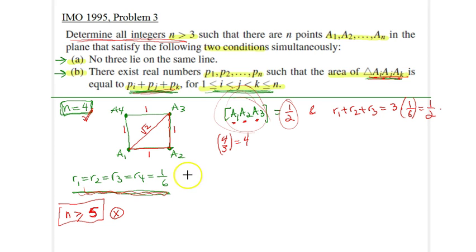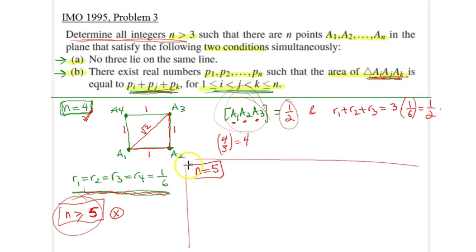So therefore all I will do is prove this contradiction, claiming that it will not work for n is equal to 5, and then everything above 5 will automatically disqualify as well. So let's have a look at the case n is equal to 5 then.